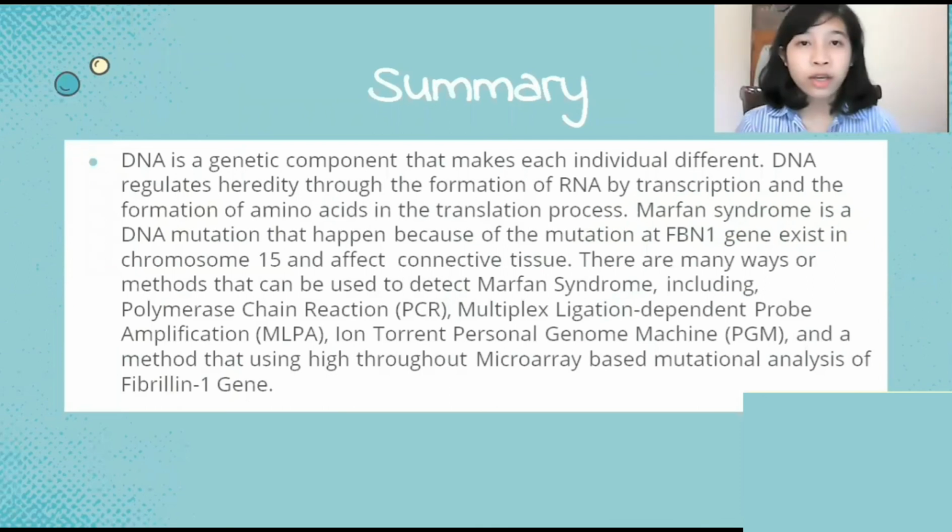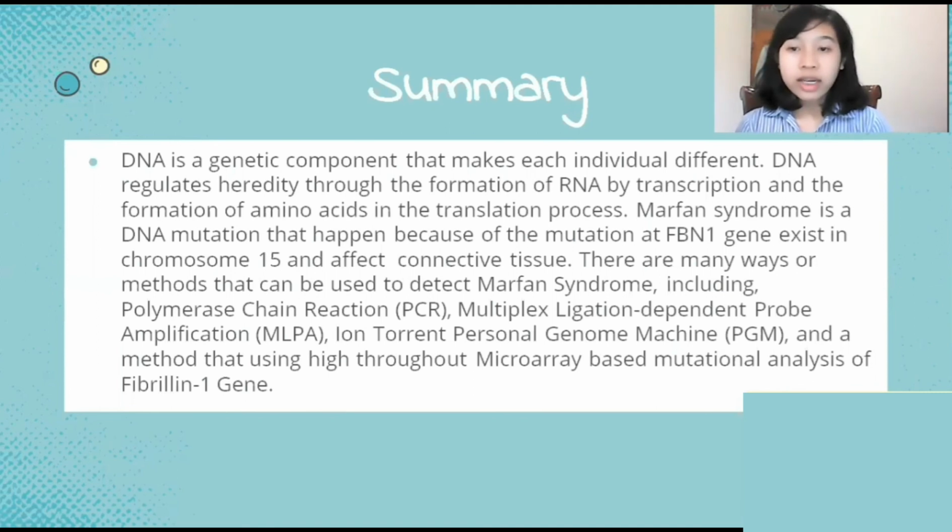Hello, my name is Wulansiwi Wahyu Widiantara, and my student ID number is 200251111173. So the conclusion of this student project is that DNA regulates heredity through the formation of RNA by the transcription process and the formation of amino acids in the translation process. Sometimes in the process of formation, some errors occur which result in damage so that the DNA is not protected, and this is called DNA mutation.